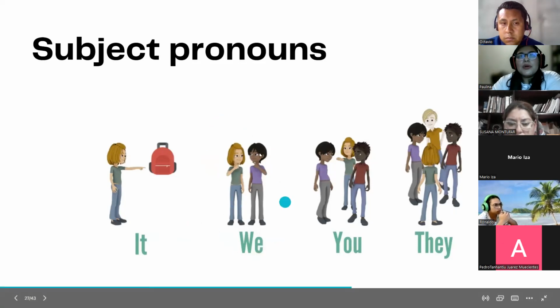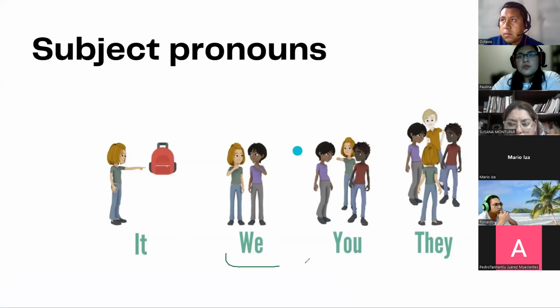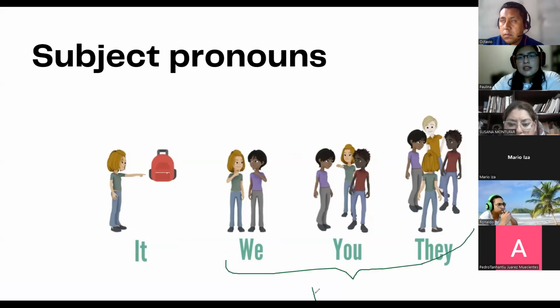Next, I have the pronoun we, and this is where the plural pronouns begin. Plural. We, I'm going to use, exactly. I'm going to use we for a group of people where I am including myself. ¿Cuándo voy a usar we?